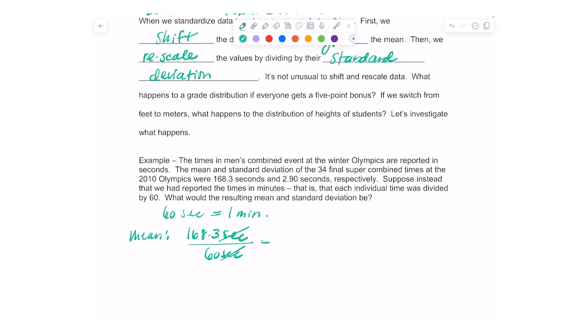So 168.3 divided by 60 is 2.81 minutes. And then for the standard deviation, I'm going to do the same thing. It's 2.90 seconds. To convert that to minutes, we're going to divide by 60 seconds. And 2.90 divided by 60 gives us about 0.05 minutes.